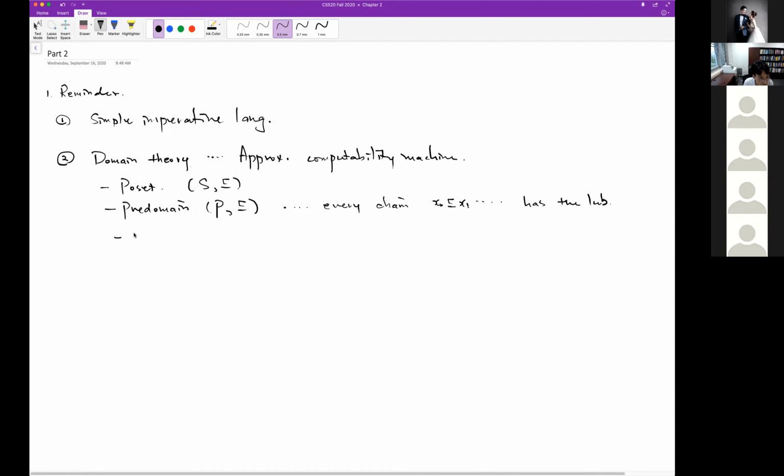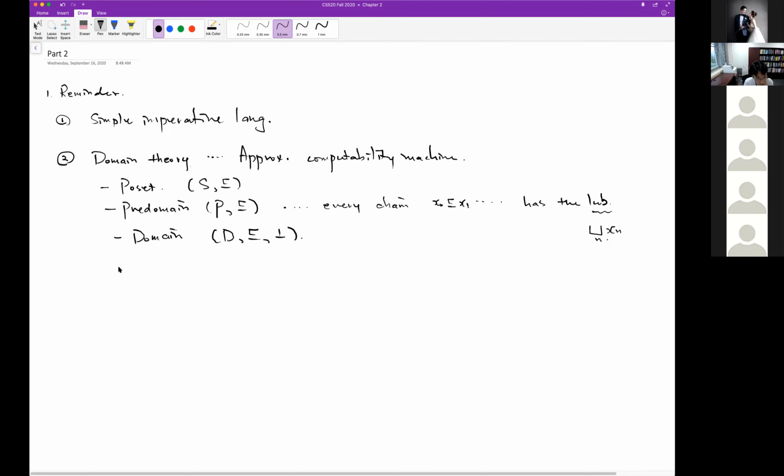Then we talk about a domain, which is a particular kind of predomain that has a least element, bottom. We use D for domains. The LUB is denoted by this square cup sign.